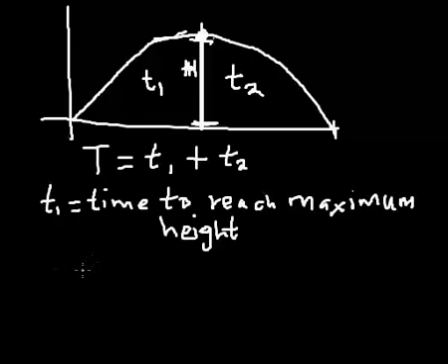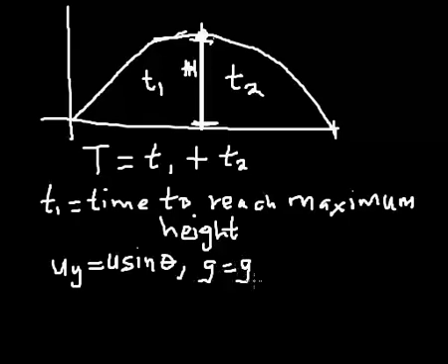The vertical component, uy, is u sin theta. That's the first. Don't forget that I will still need to consider the acceleration due to gravity. Let me use g to represent it. Then, of course, I'm looking for the time to reach the maximum height, t?